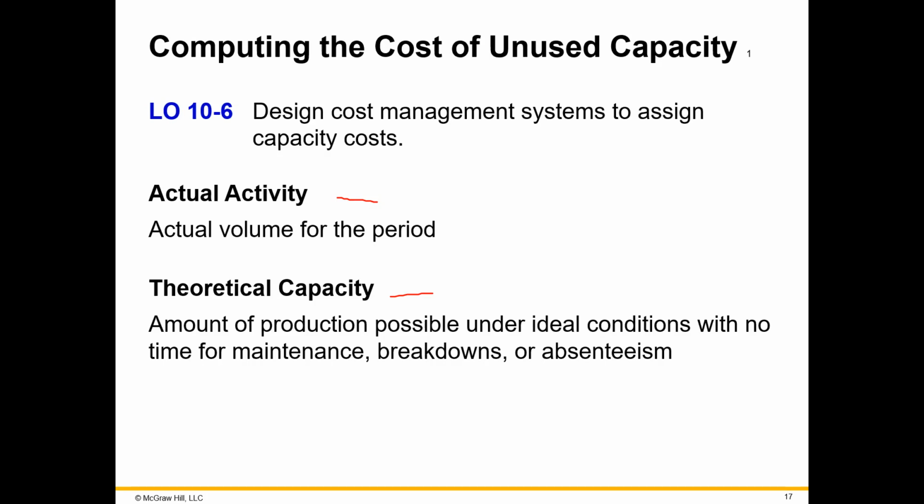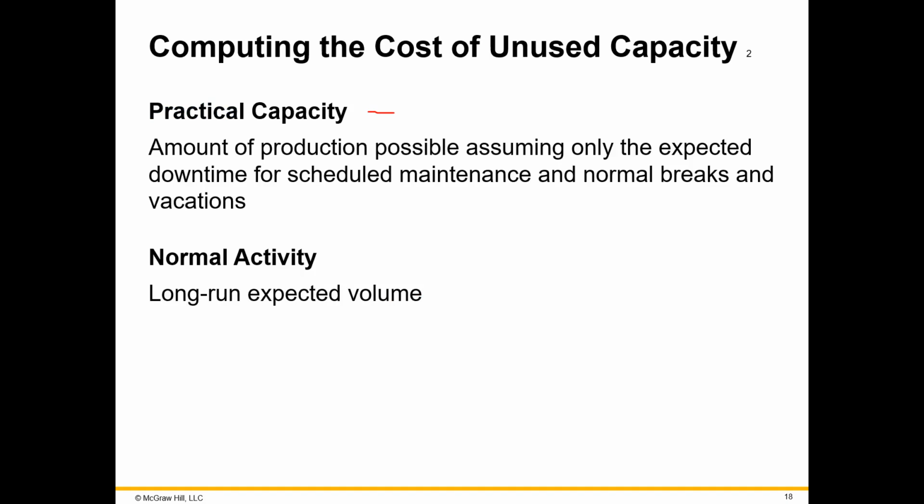What is the absolute maximum number of items we can create theoretically if everything worked perfectly? So theoretical capacity is the best case scenario, but it actually never happens in real life. You have practical capacity, which does account for breakdowns and maintenance and employee issues. And then you have normal activity, which is the long run expected volume of production.